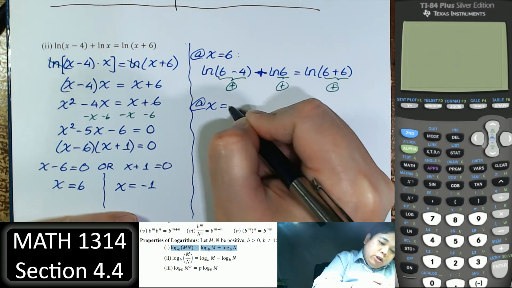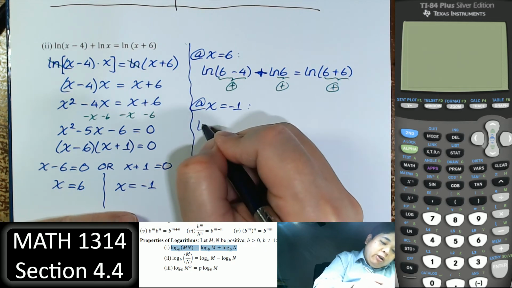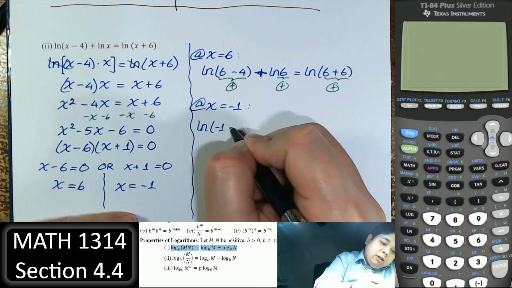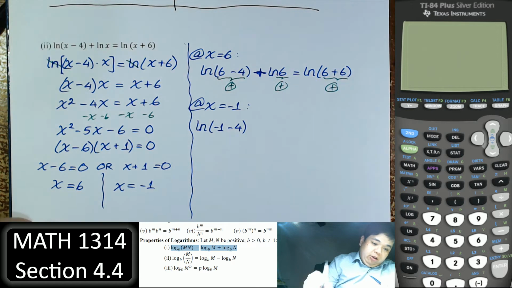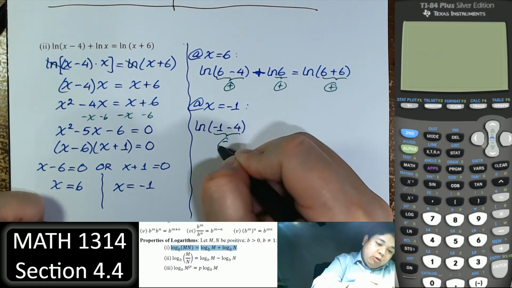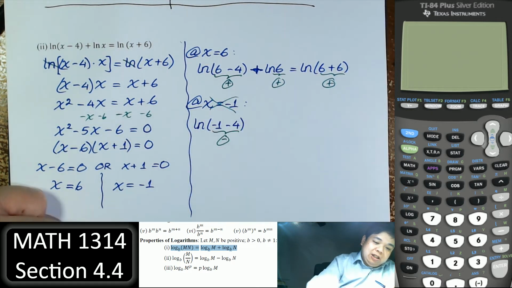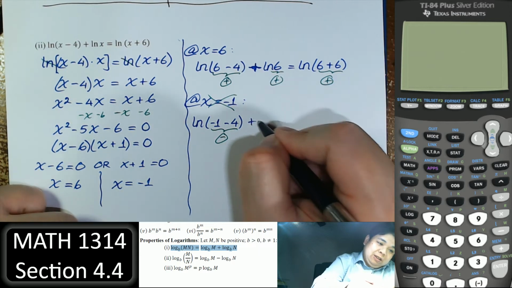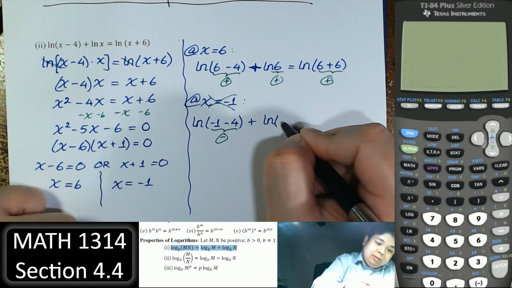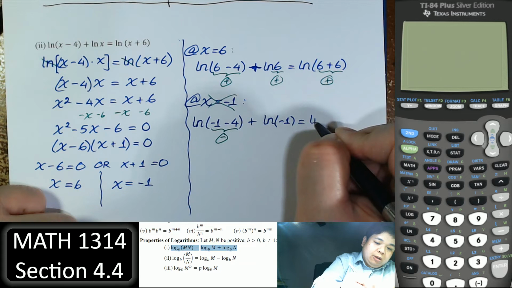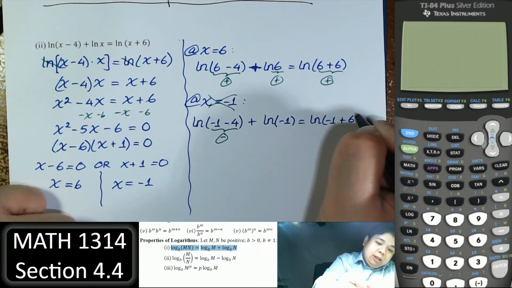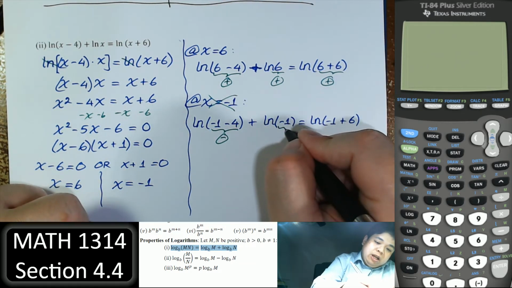Now x equals negative 1. If we put the negative 1 into it, right there we see it is negative already, so it's not going to work. So it's negative.